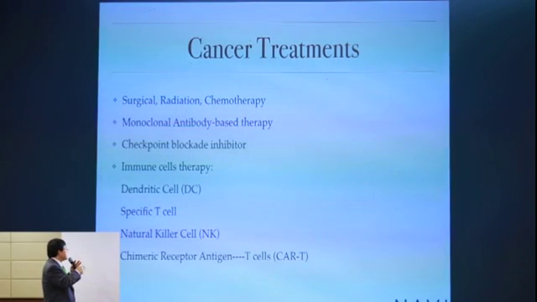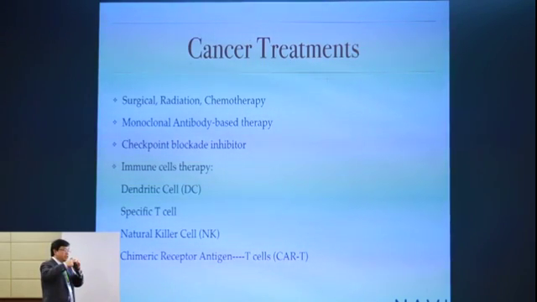But the problem is that it is hard to generate antibodies with high specificity and high affinity to attack the tumor. So some experts modify the antibody with cells. I will talk about that later. And another newest approach is the checkpoint blockade inhibitor.